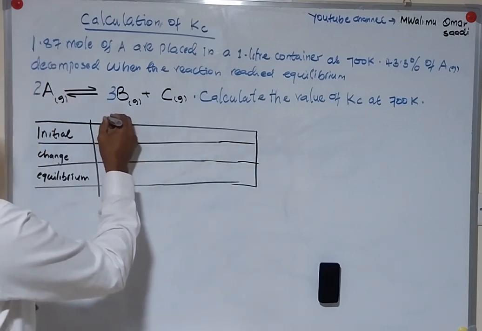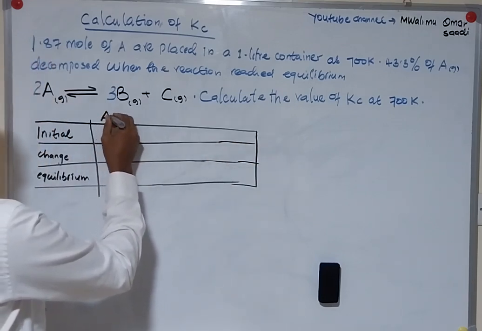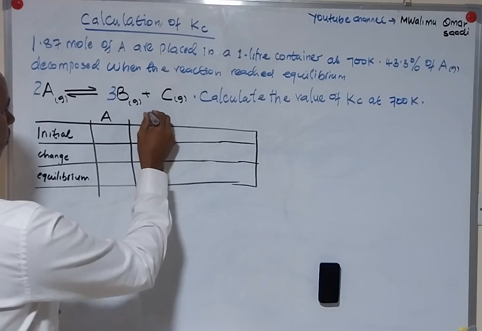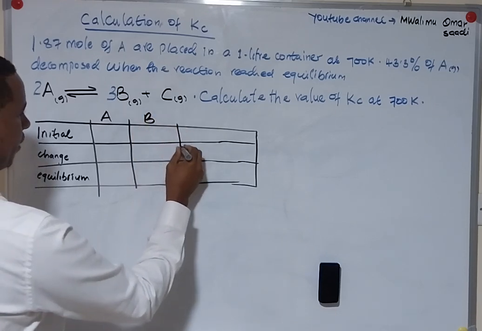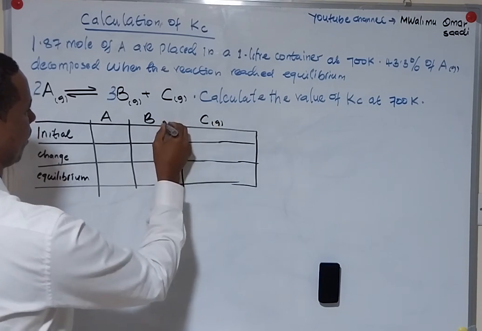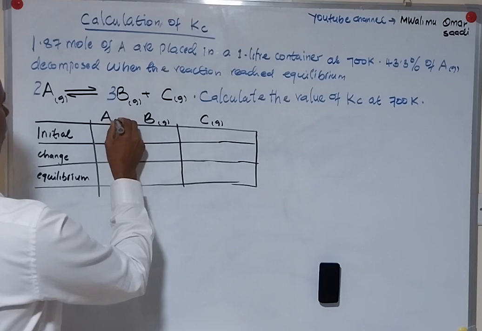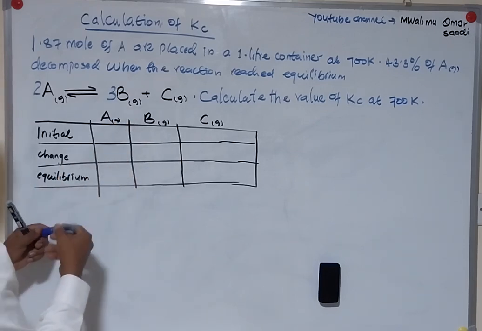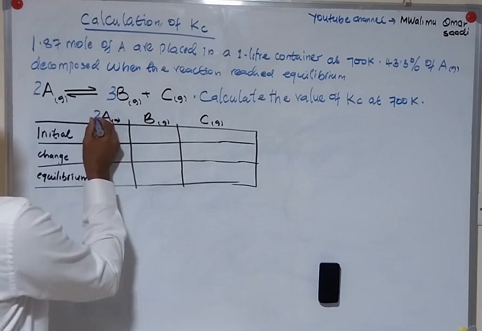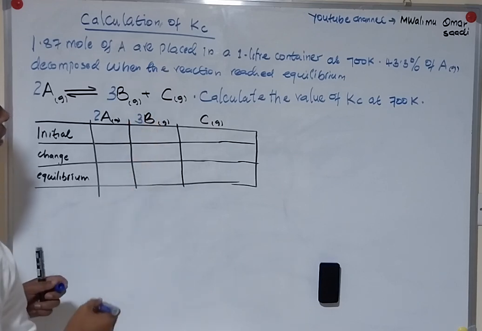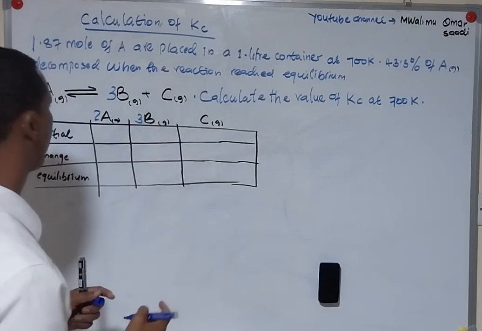So here we have A, B, and C. The coefficient of A is 2, the coefficient of B is 3, and C is 1.